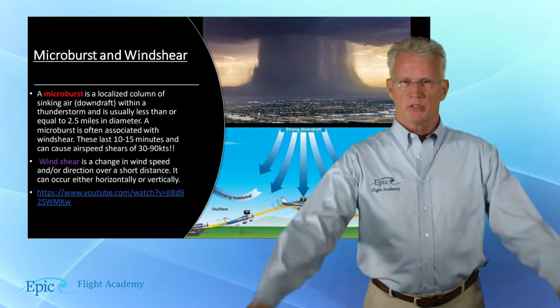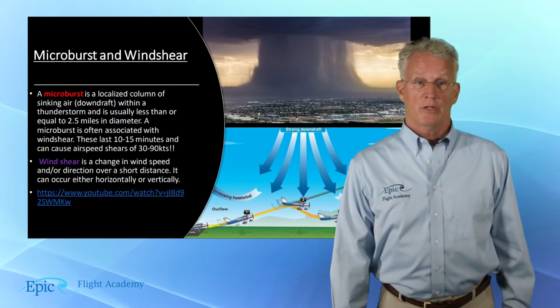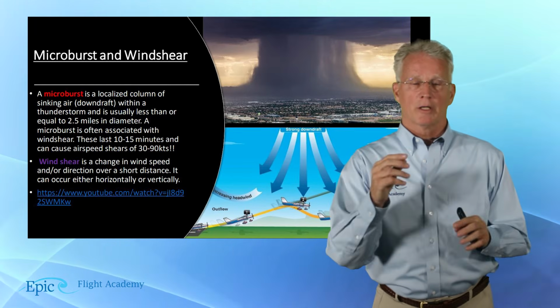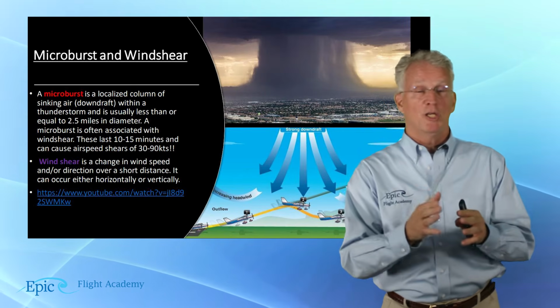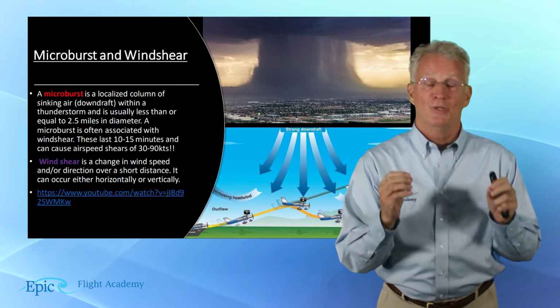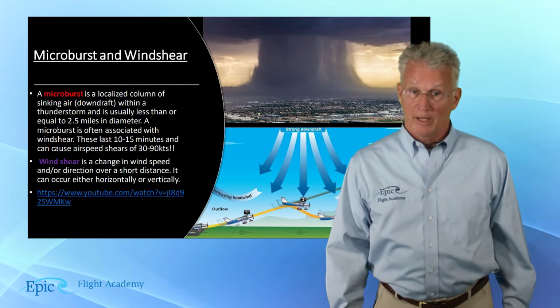A microburst is often associated with wind shear. These last 10 to 15 minutes and can cause airspeed shears of 30 to 90 knots. Review that with your flight instructor.